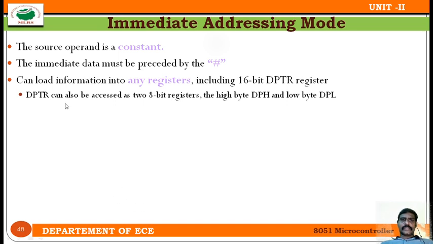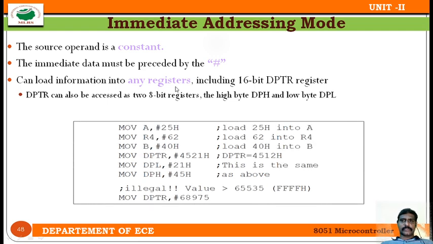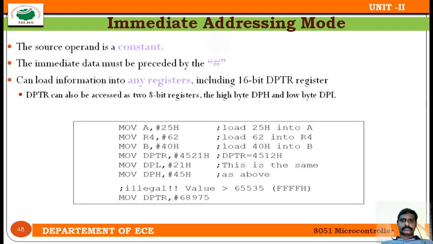We can load the information into any register, including the 16-bit data pointer register. The data pointer can also be accessed as two 8-bit registers, the higher byte as DPH and the lower byte as DPL. Here are some examples.